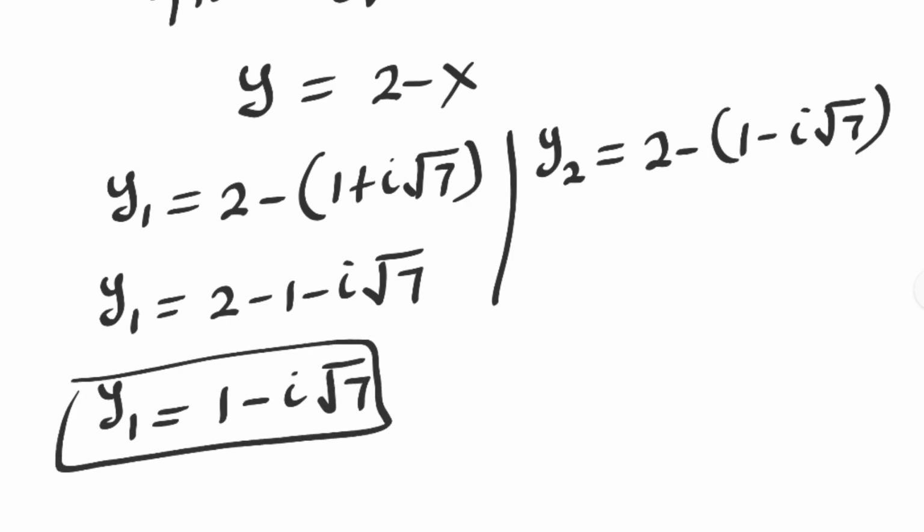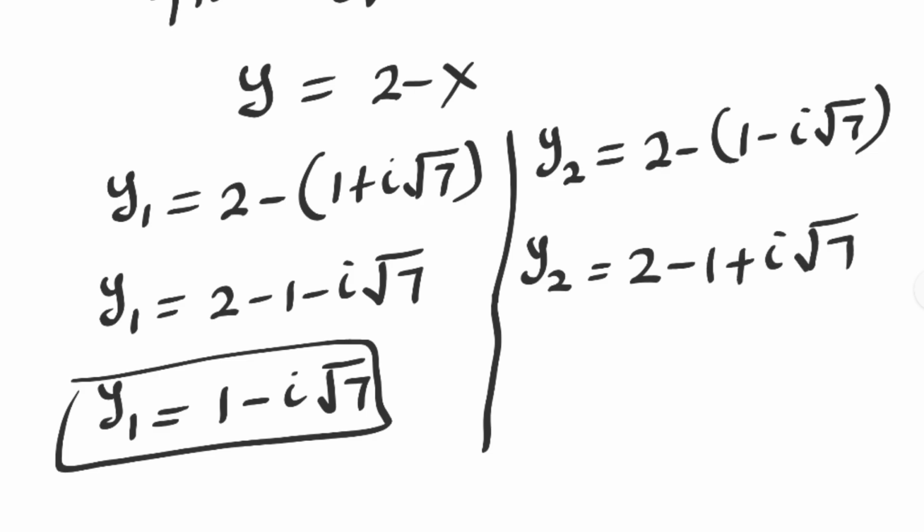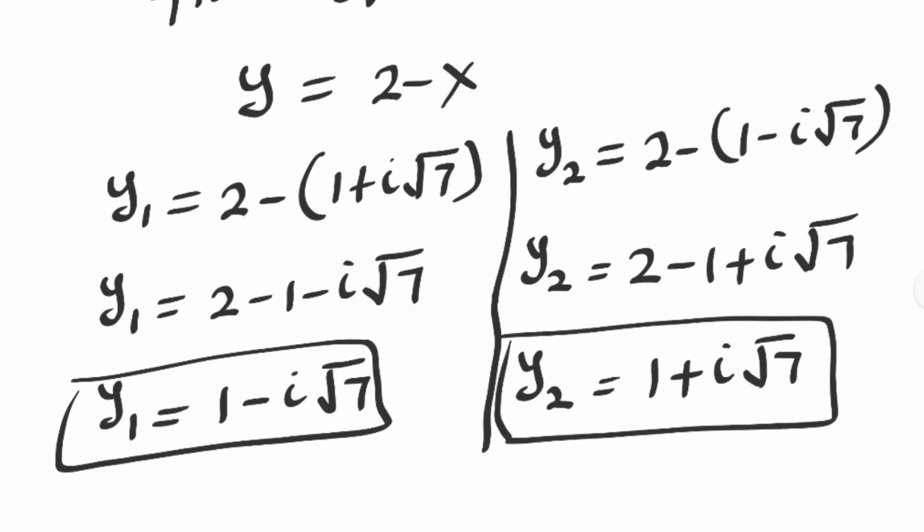This is the value of y1. Also, y2 is equal to 2 minus, if you open the bracket with this negative, we have 1 plus i root 7. y2 is equal to 2 minus 1. This is 1 plus i root 7. This is the value of y.